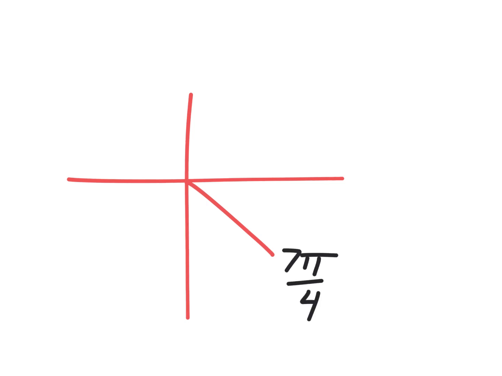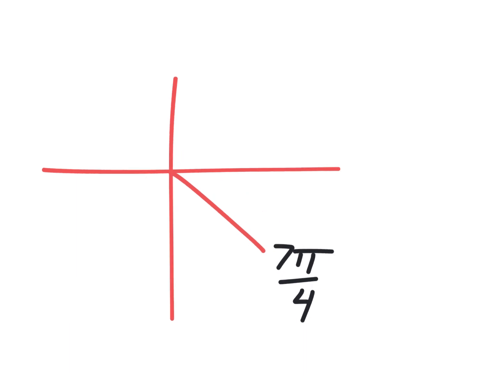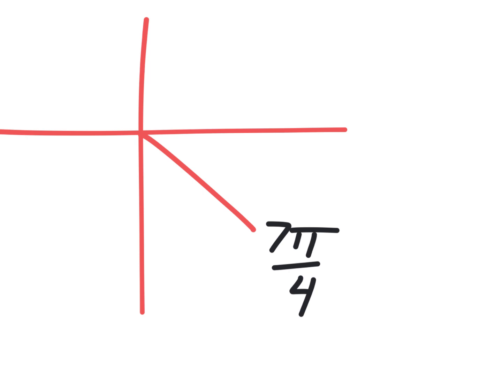All right, so 7 pi over 4 is correct. Now, to get a different one, you can't just make this not reduced anymore. I get it, 70 pi over 40 looks different, but it's not really different. You just made it not reduced anymore, so that wouldn't be considered coterminal.